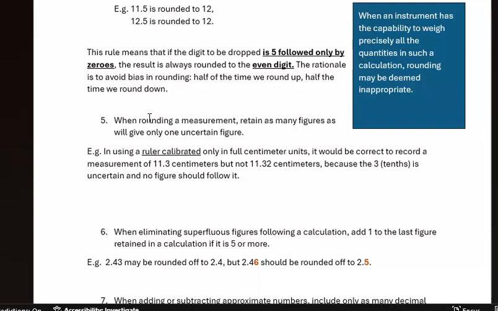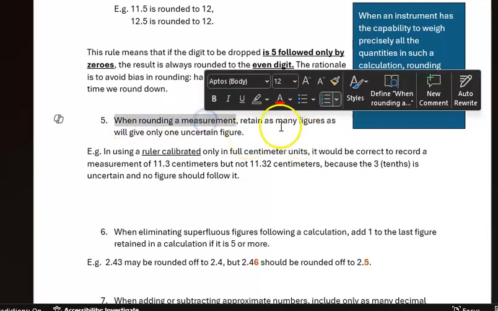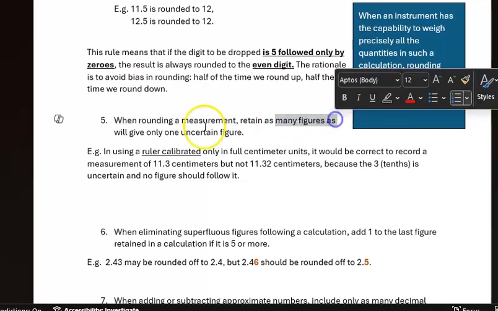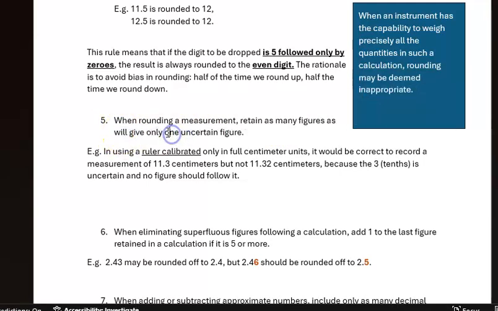prerequisite. When rounding a measurement, retain as many figures as will give you only one uncertain figure. Let me go again. When rounding off a measurement, retain as many figures as will give you only one uncertain figure.